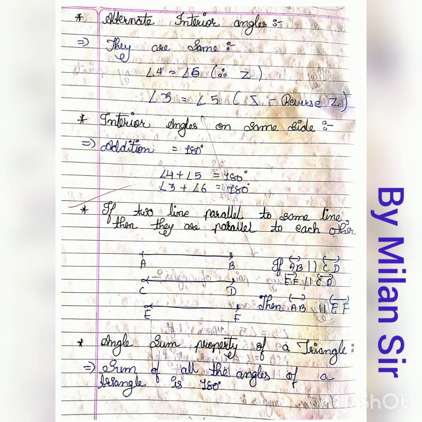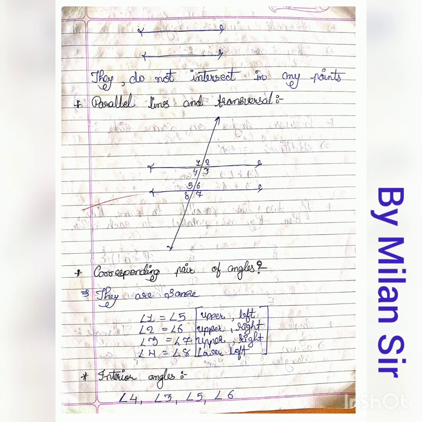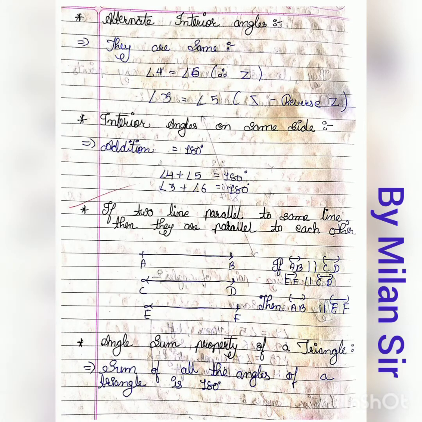Here in corresponding pairs of angles also, angle 1 and 5 are equal, 2 and 6 are equal, 3 and 7 are equal, and 4 and 8 are equal. All pairs are same.